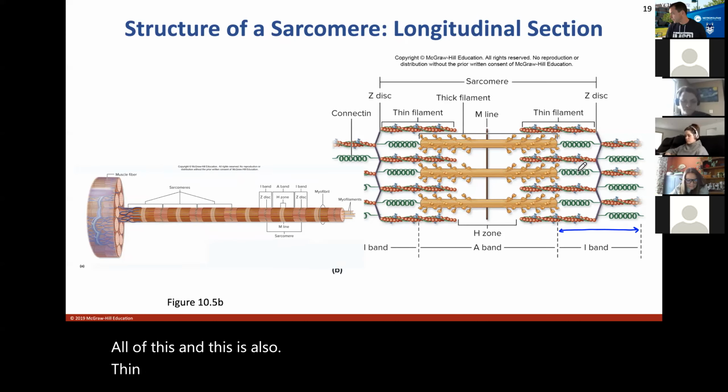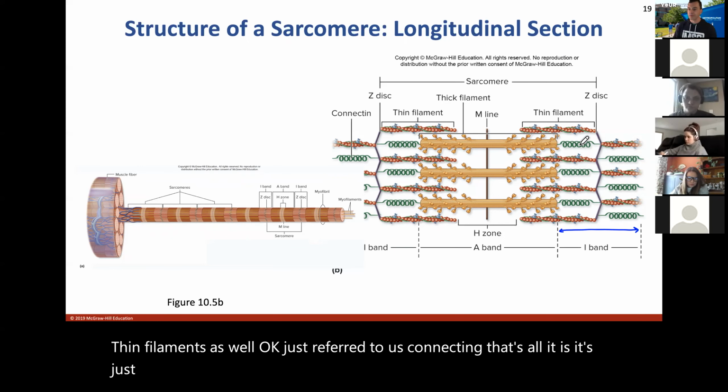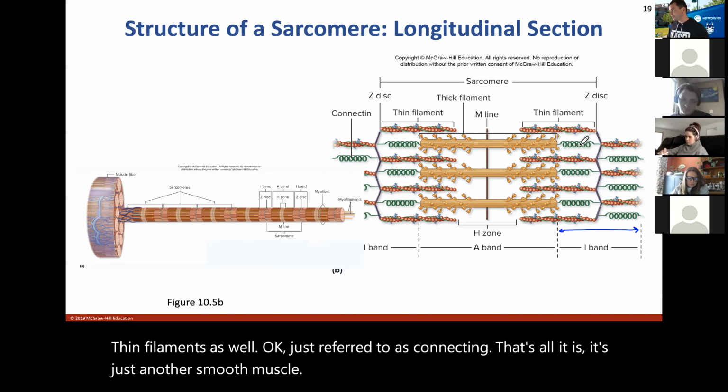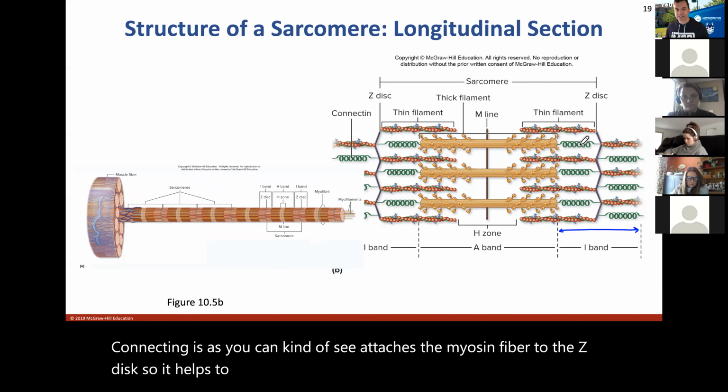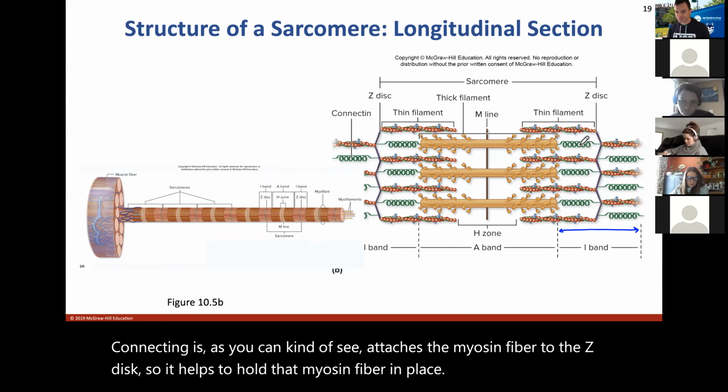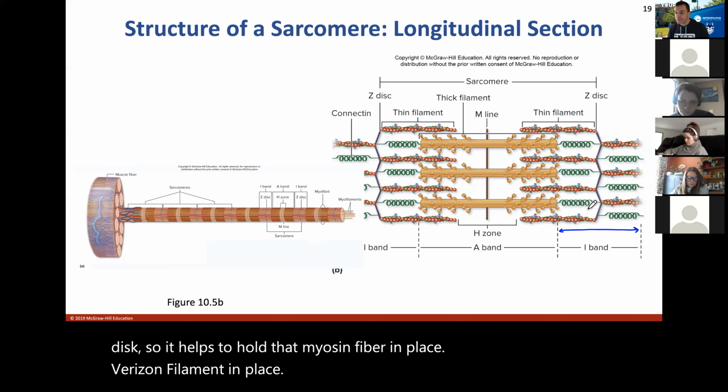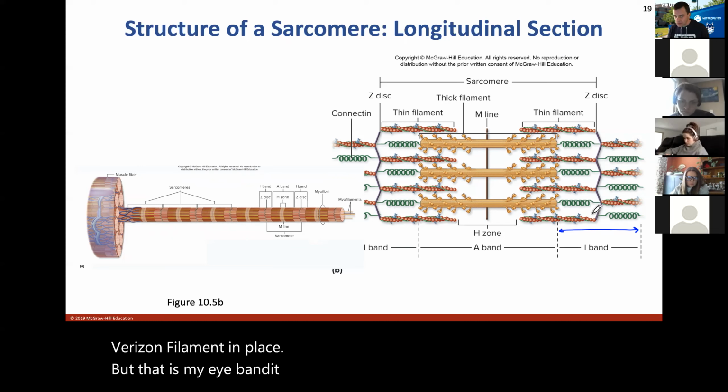It's just referred to as connectin. Connectin, as you can see, attaches the myosin filament to the Z disc. So it helps to hold that myosin filament in place. But that is my I band. It is all thin filaments.